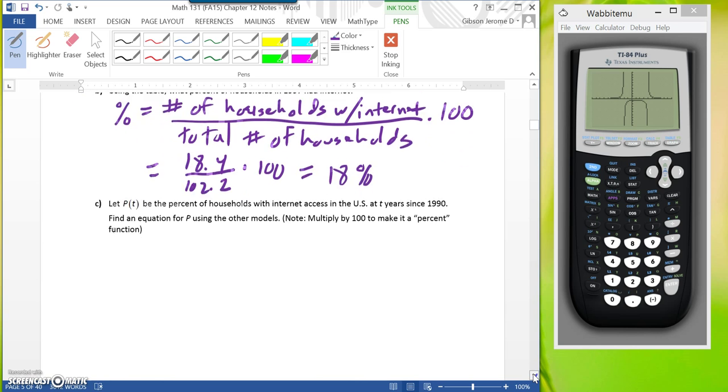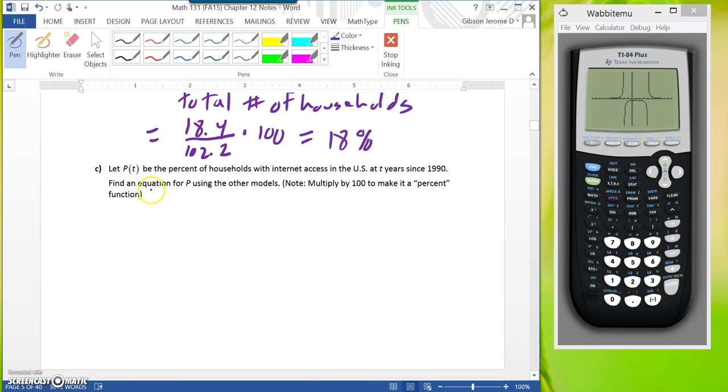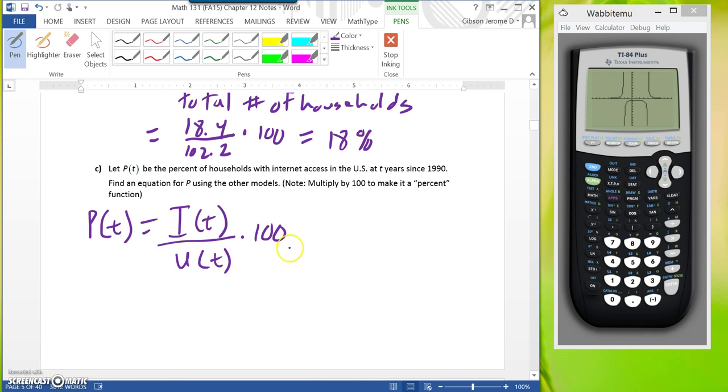Now we come to C. It says let P of t be the percent of households with internet access in the U.S. at t years since 1990. Find an equation for P using the other models. Note, multiply by 100 to make a percent function. So we have P of t equals I of t divided by U of t, which we were given earlier in the problem, and we'll multiply that result by 100.